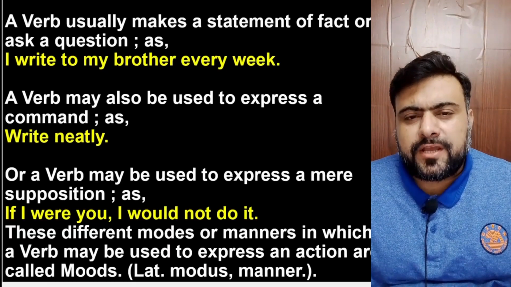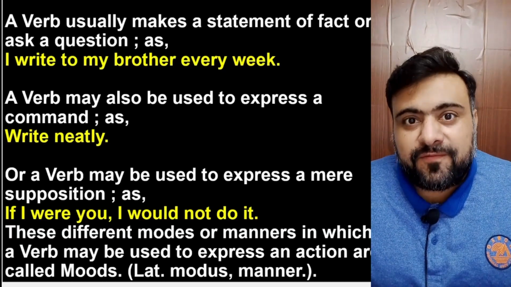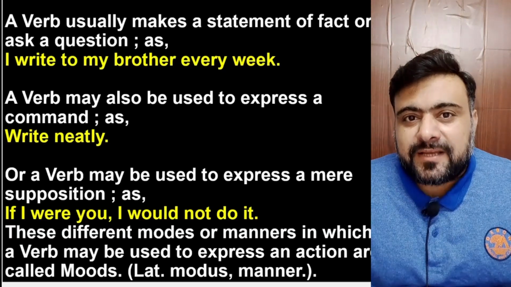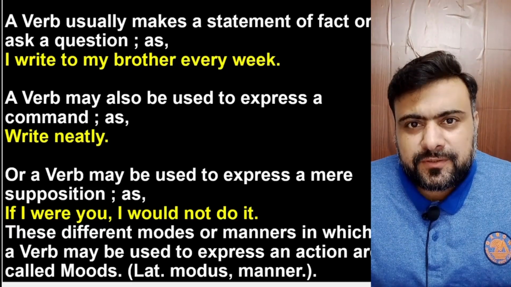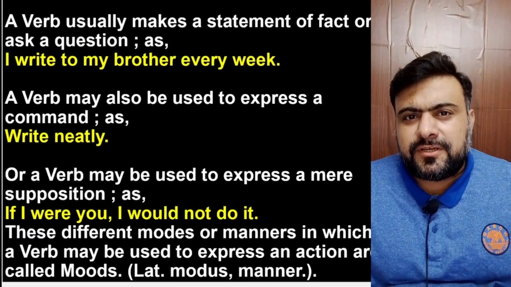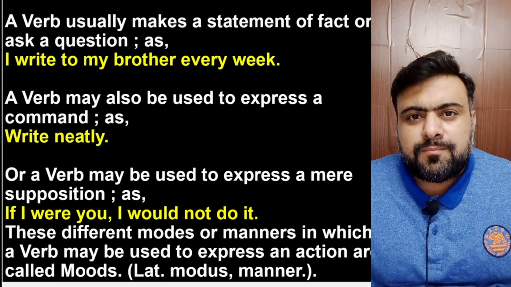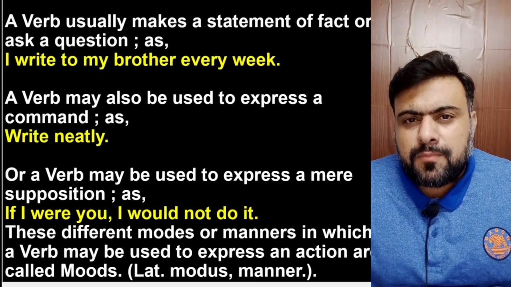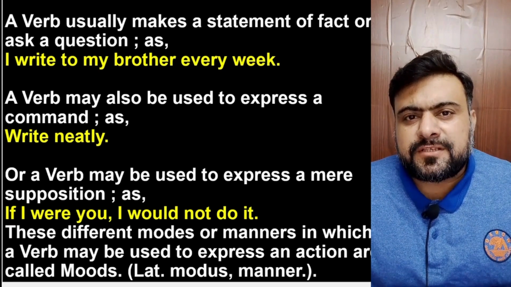So there are three ways in which a verb is used. It makes a statement of fact, it expresses a command, and the third one, it makes a supposition. These three manners in which a verb is used are called moods of the verb. Mood is from the Latin word modus, which means manner.